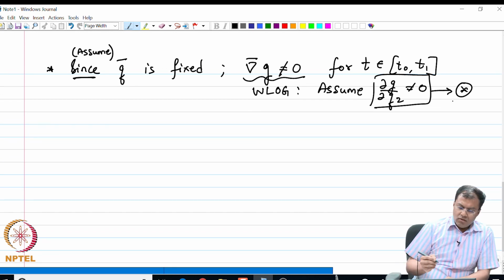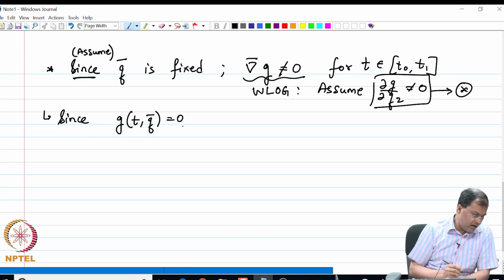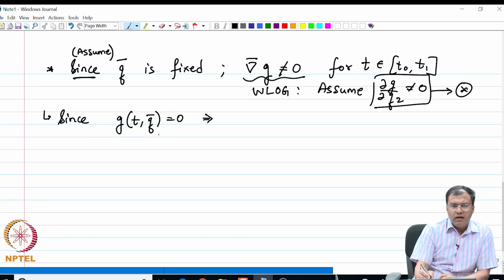Okay. Since the constraint is satisfied, since I have that g of t comma q bar is 0, the derivative of g with respect to epsilon must also be 0.